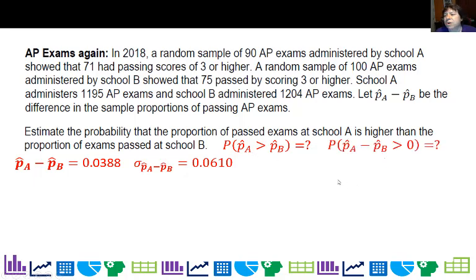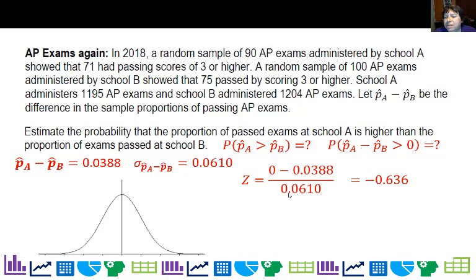So my z-score, if this difference is greater than 0, then School A had a higher proportion of passing exams. So I'm going to use, for my z-score, 0 minus the estimated difference over the standard deviation. And I get a z-score of negative 0.636, which leads to this picture.